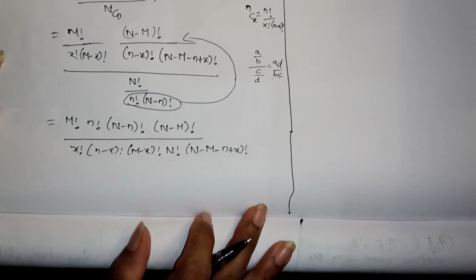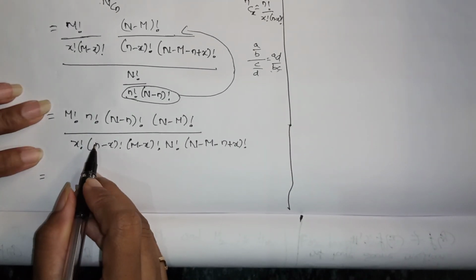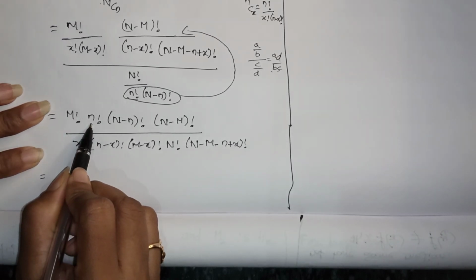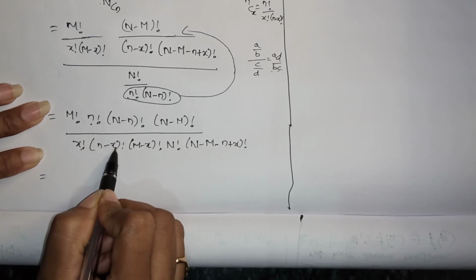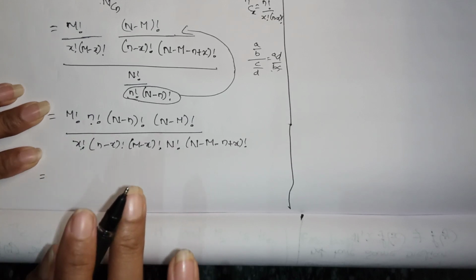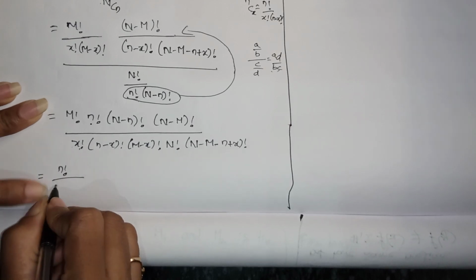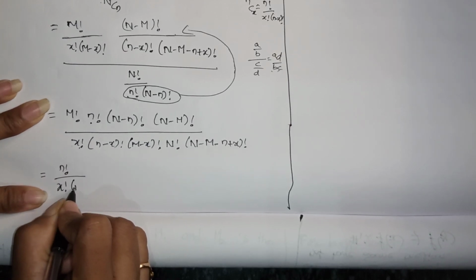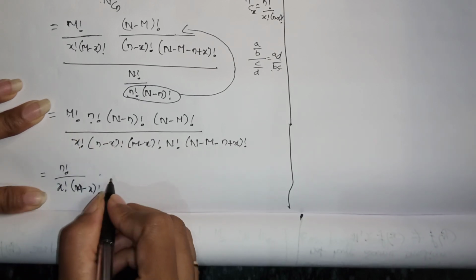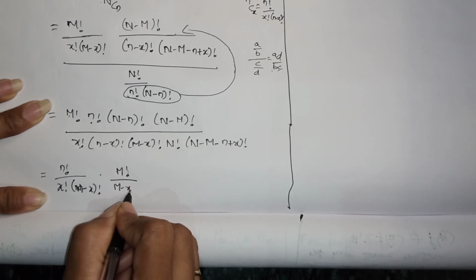Next, that equals, here we write all the belonging terms in the same place. First we write the n terms: n factorial by x factorial into n minus x factorial. Next is M factorial by M minus x factorial.